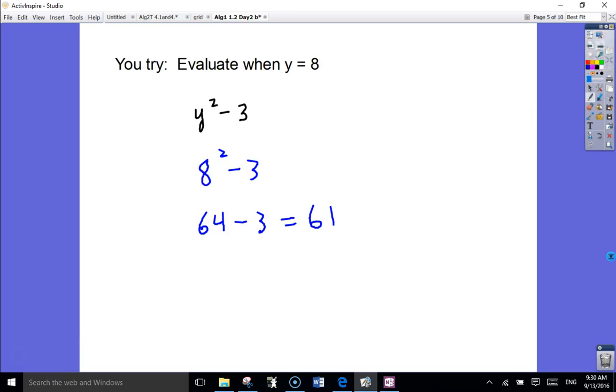I think I got another one here. Try that one. Let's see, where's my seating chart? So, Evan, what'd you get? 8?